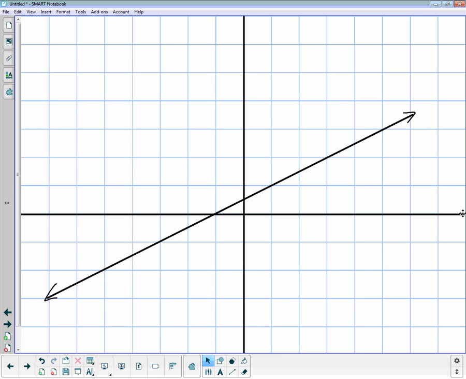All right. The thing that you're looking for when you do this is you're looking for a place where the grid marks, the left and right and up and down grid marks, intersect with the line all at the same time.